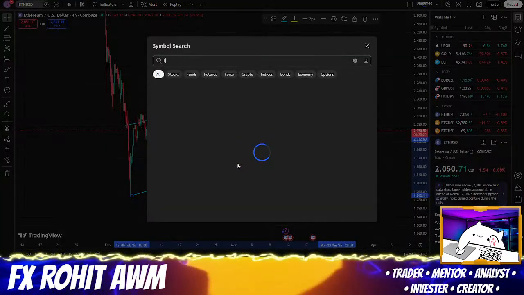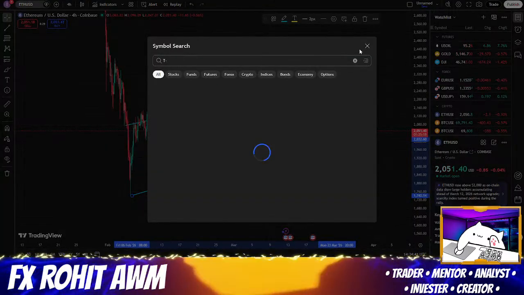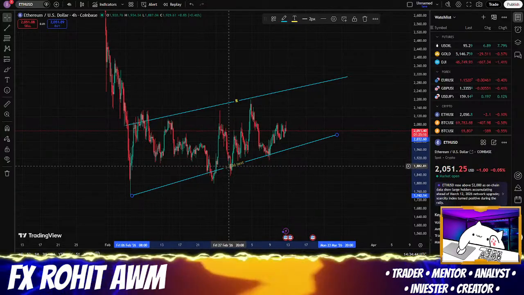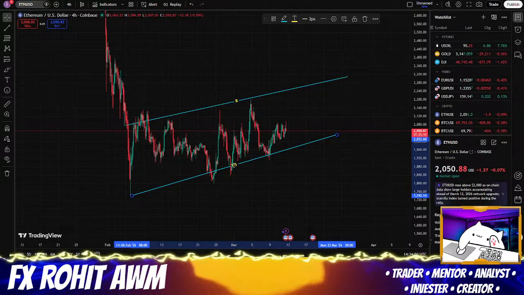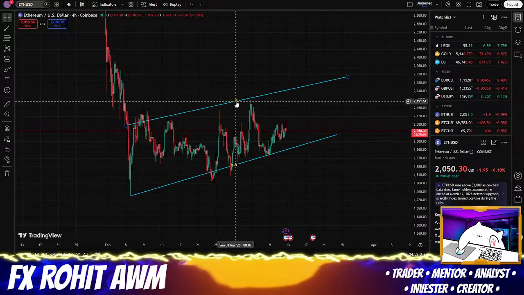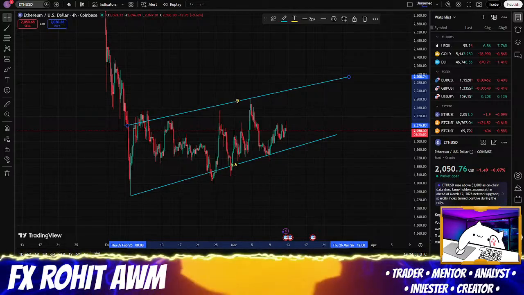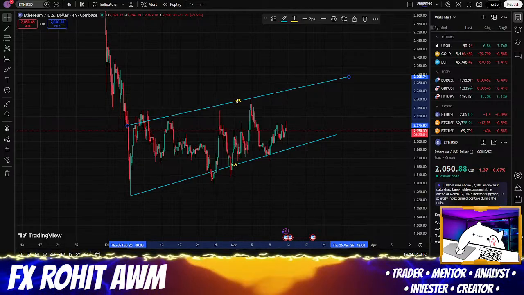So that's our trend line support, and this is our trend line resistance.